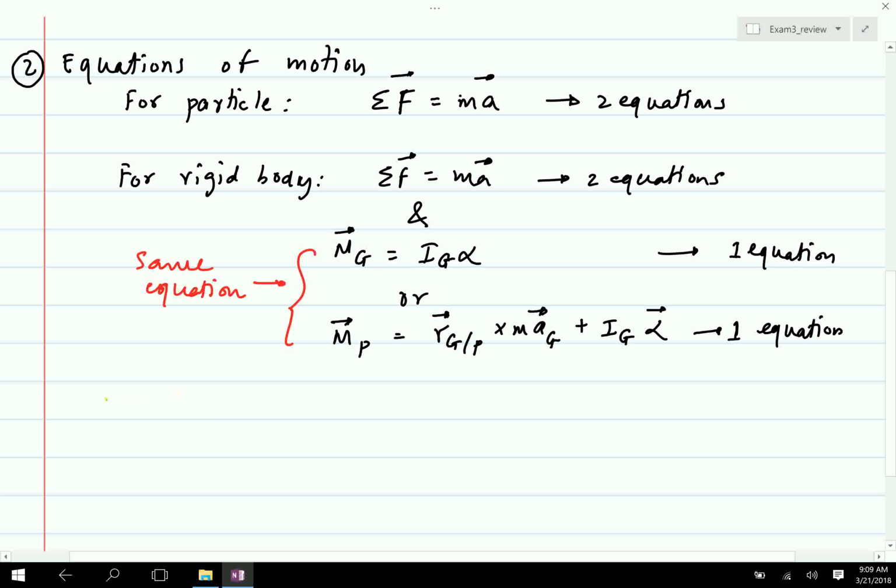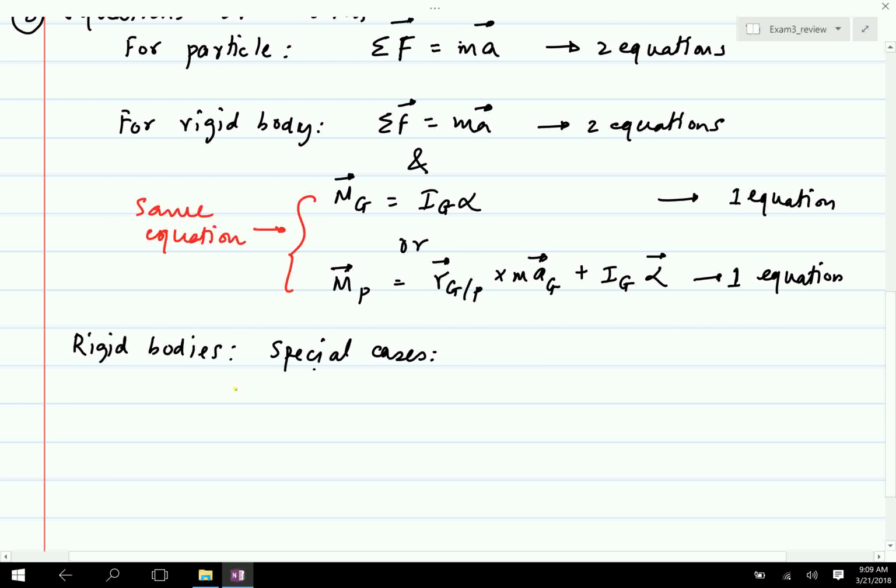Okay, for a rigid body, we have special cases. One would be curvilinear or rectangular motion, rectilinear motion. Okay, this is things moving in straight lines or in curves, but they are not rotating.